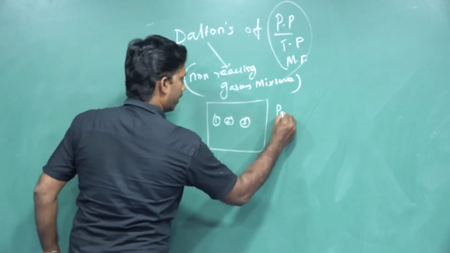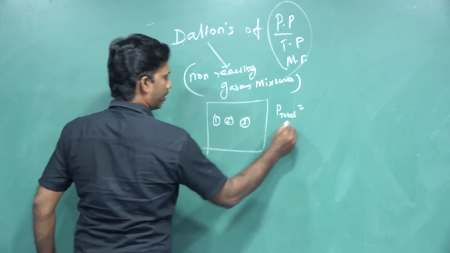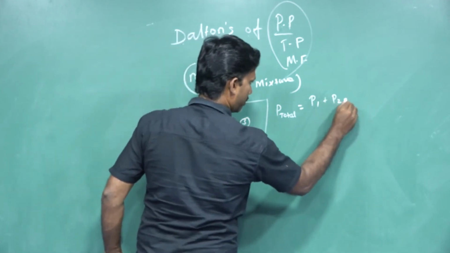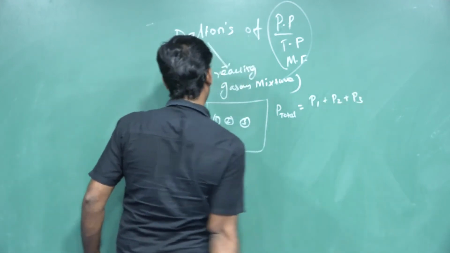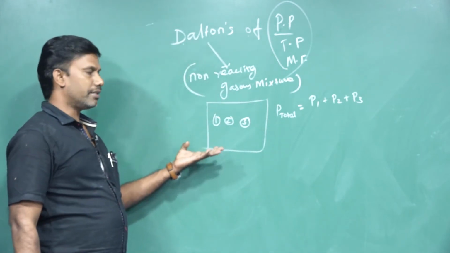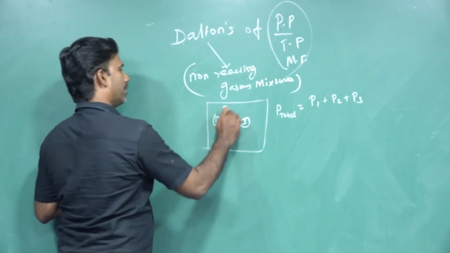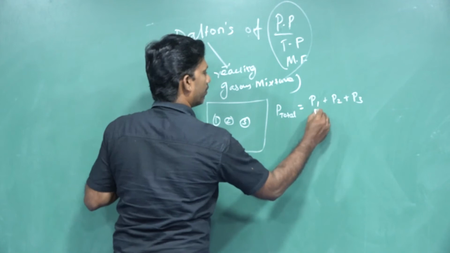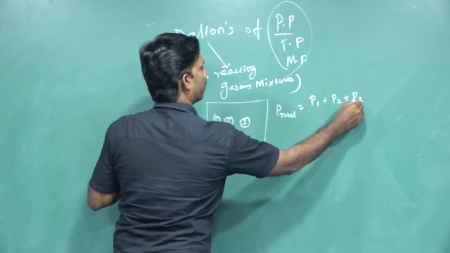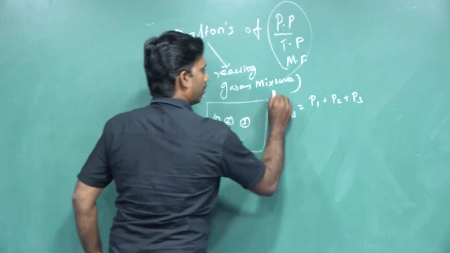Dalton explains that the total pressure of the container equals the partial pressure of gas 1 plus the partial pressure of gas 2 plus the partial pressure of gas 3. It is the sum of the partial pressures of gas 1, gas 2 and gas 3. This is Dalton's law.